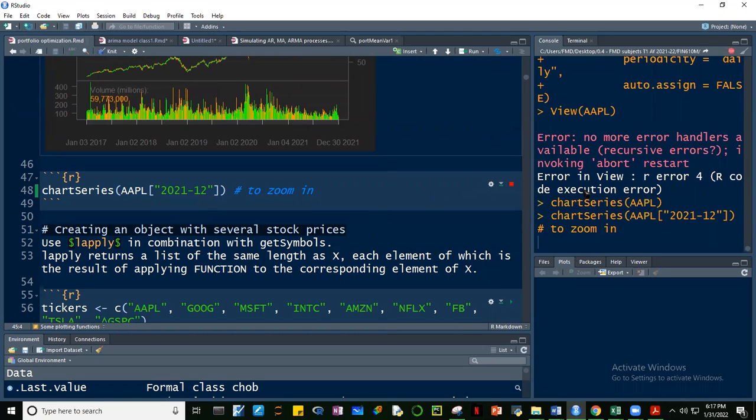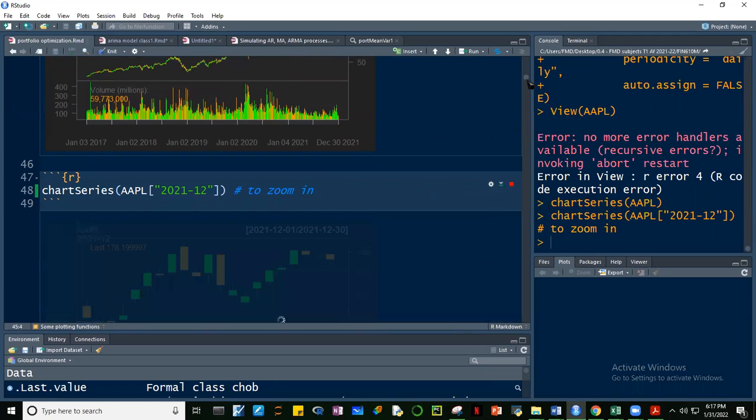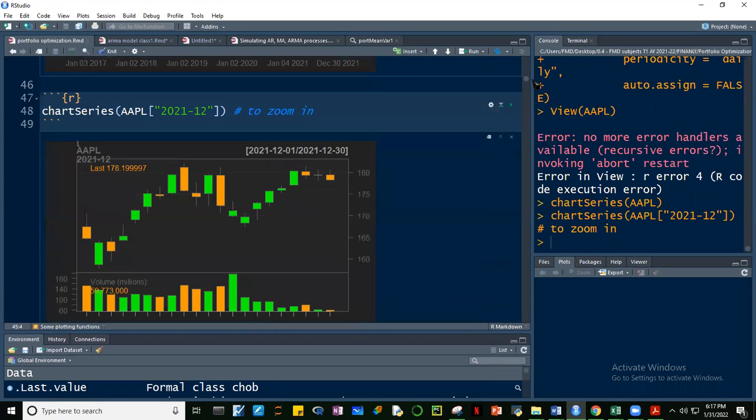Okay, and then you can see here. There, di ba? Ito yung candlestick natin, ano? Kasi sabi natin, i-plot lang niya yung December of 2021. So you can see here yung green, ibig sabihin tumaas yung price, yung orange dito, bumagsak yung price. And then under here, you have the volume of transaction.